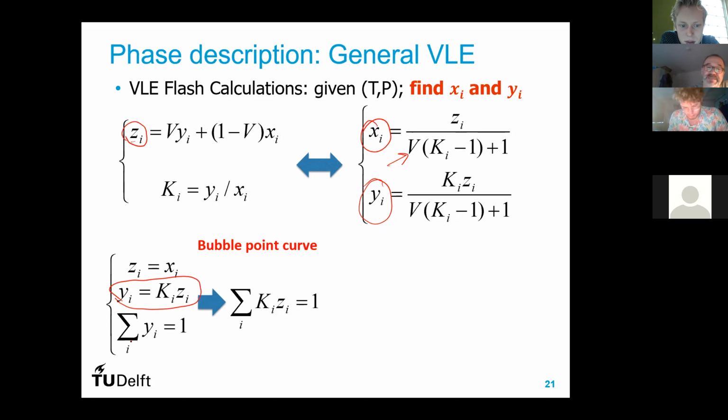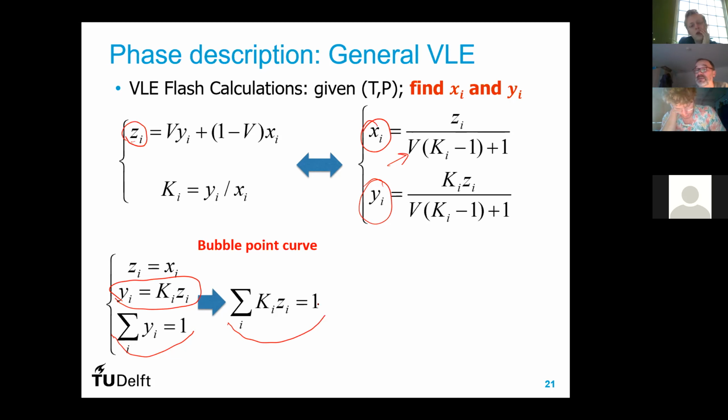But you have another relation: Y should also sum to 1, because by the definition of X and Y, if you sum across all the components, the concentration should be equal to 1. So you combine these two relations, and this is a relation that satisfies the bubble point curve.